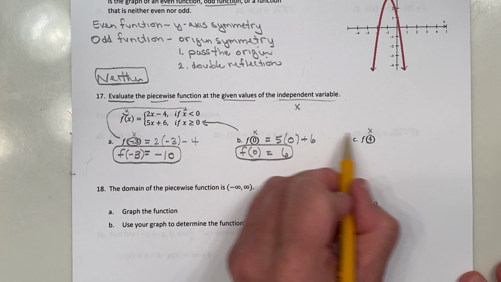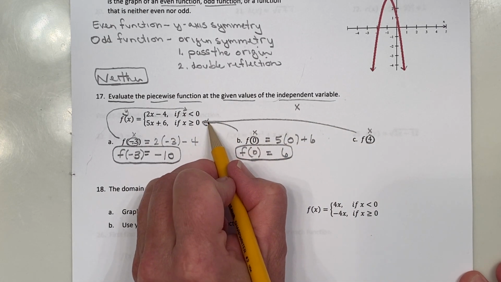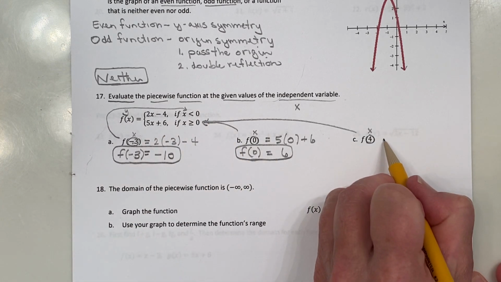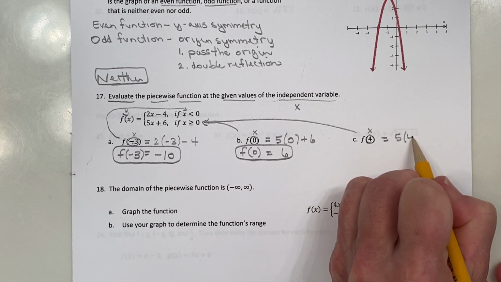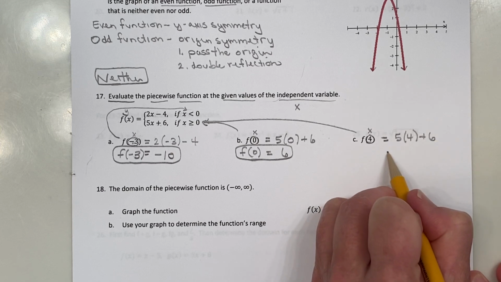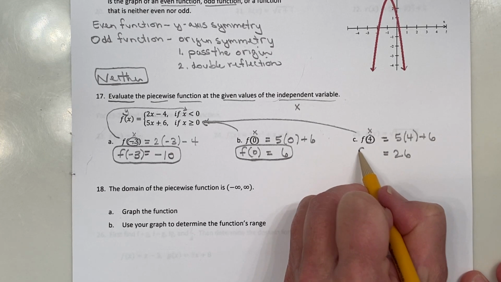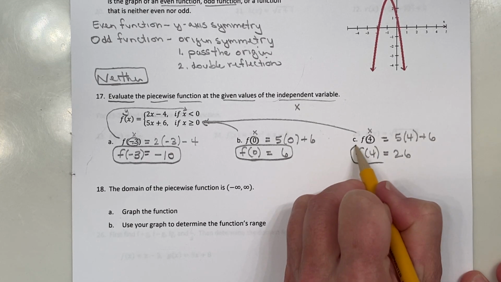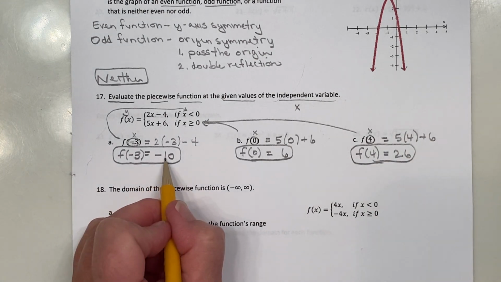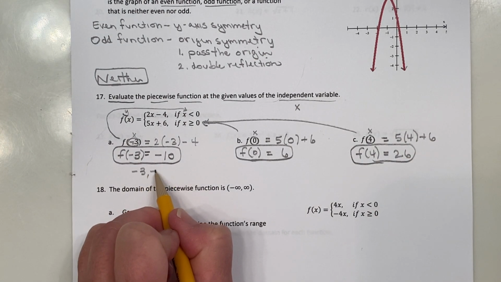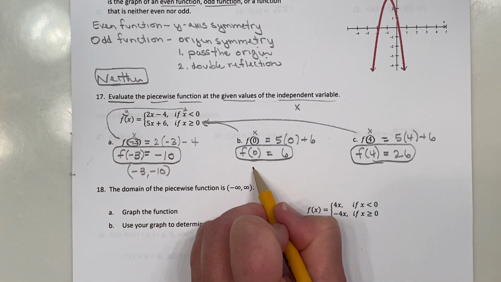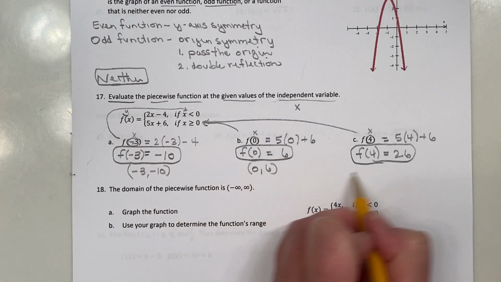Well, 4 is bigger than 0, so we're going to put 4 into the bottom piece. And just a reminder that this is function notation. That means that these are the ordered pairs, the points that are on the graph of this piecewise function.